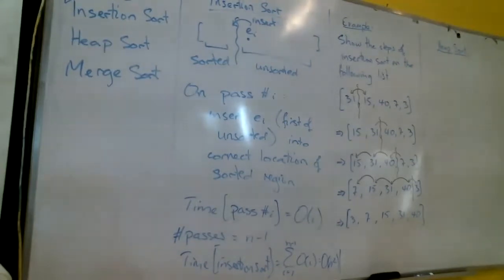So let me just give you a brief description off the top of my head, and see if you get it. You know that your heap is good at organizing either the smallest or the largest element to be at the root of the tree, right? Let's say we talk about minimizing heaps so far.